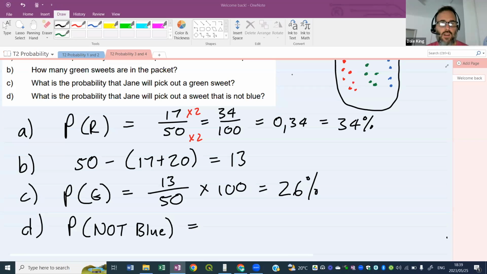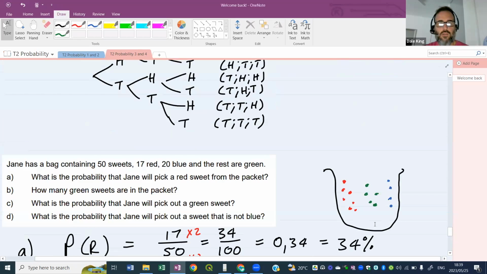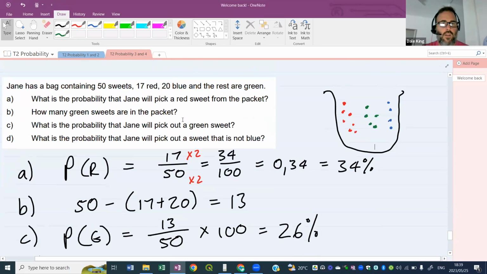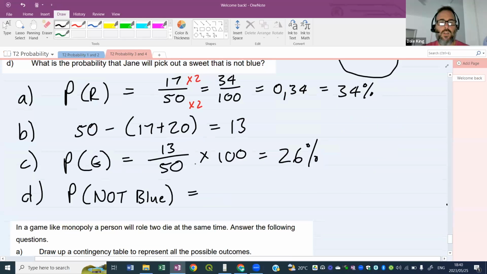Okay, so let's check it out, guys. If we go back up to this question, it says there are 17 red, 20 blue, and we've also now just worked out there are 13 green. All right, we don't want to get a blue, which is 20. We want everything else. All right, so everything else is red and green. Okay, the red ones are 17 and the green ones are 13.